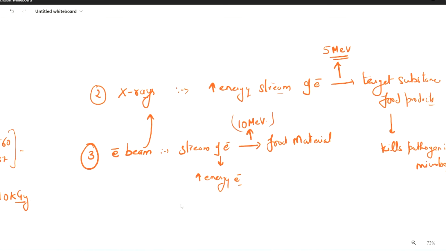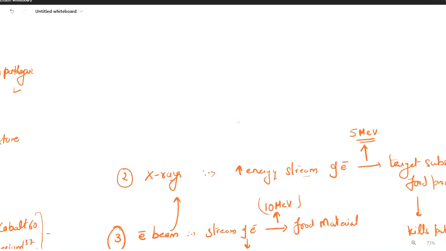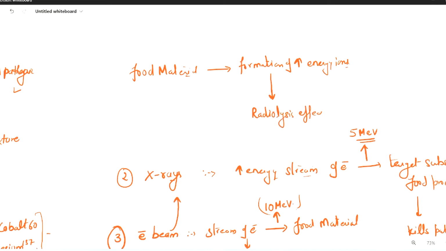So what is the basic mechanism of irradiation, and how does it affect the food material? When X-rays, gamma rays or electron beam pass through the food material, they cause the formation of high energy ions, and the formation of high energy ions leads to the radiolysis effect.